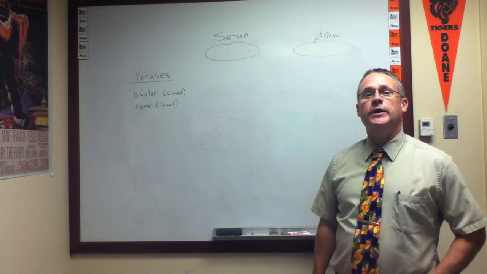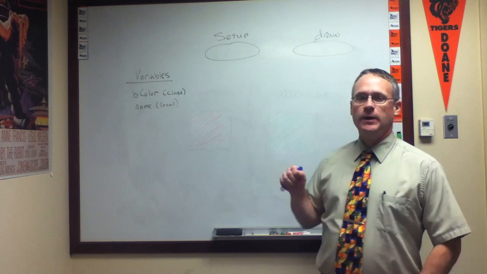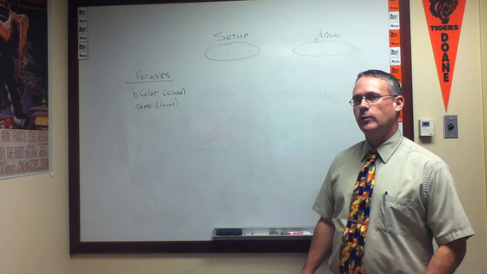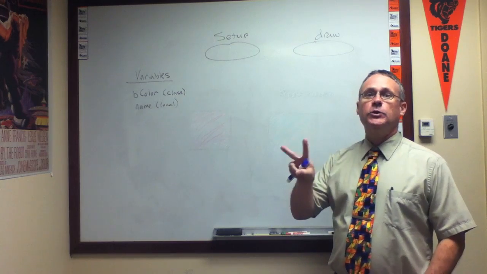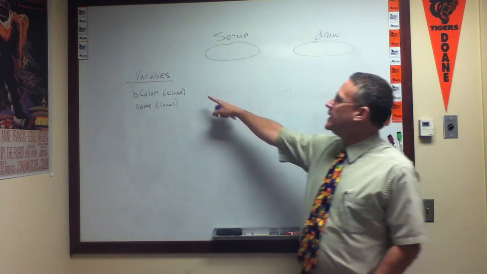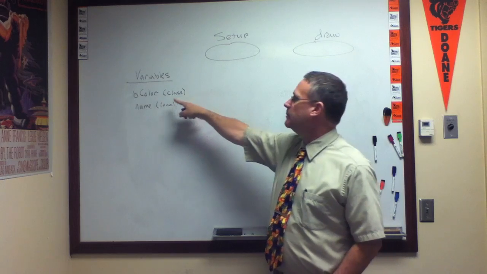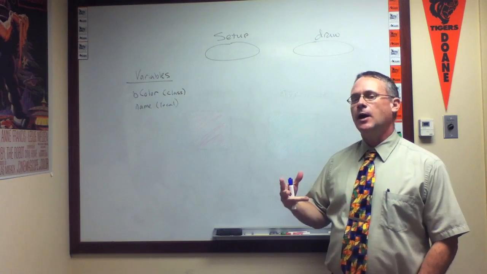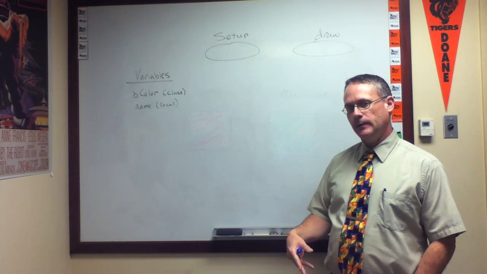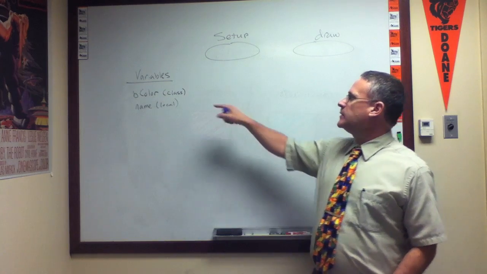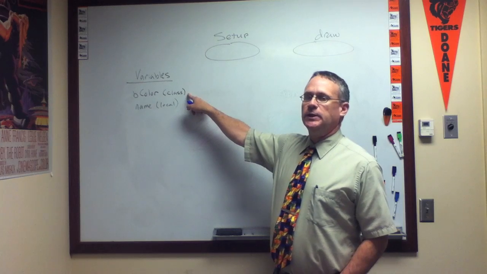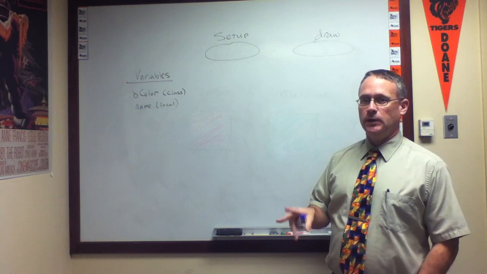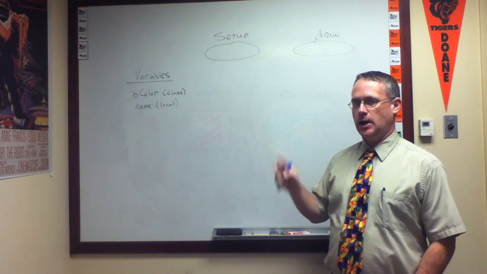Now let's look at our design. Before we start, I'm going to talk a little bit about the variables that we're going to need to make this program work. Basically, there's two of them. One is a class variable named bColor, which represents the color of the background that we draw eventually in the draw method. That one's a class variable, which means we declare it outside of any method so that it can be used in both setup and draw.